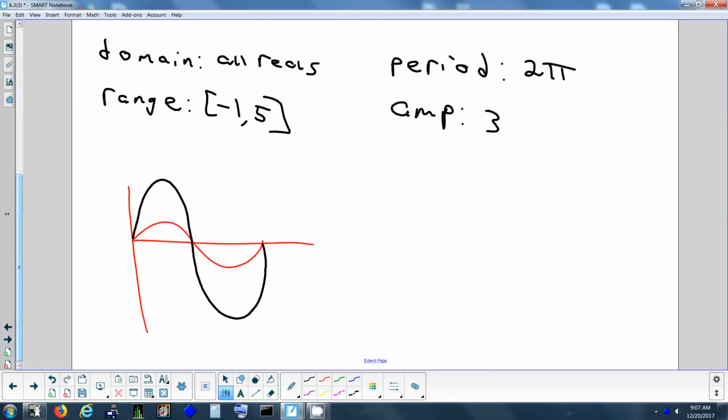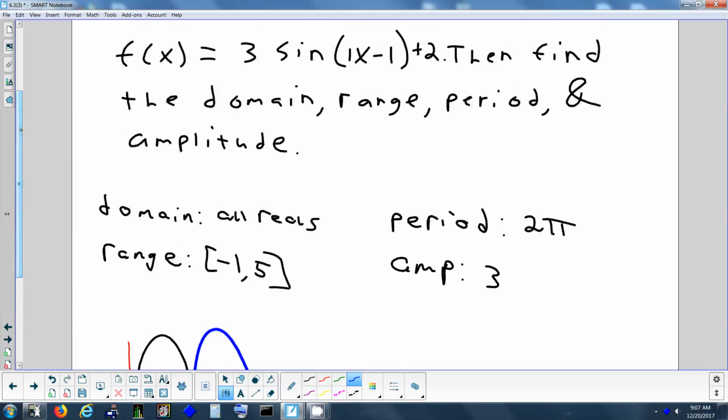Put a negative in front of the 3, and it would look instead like this. So now you're working with the blue one instead of the black one. And it's still negative 3 to 3, so when you shift it up 1, it's still negative 1 to 5. So putting a negative in front has no effect on anything. Everything stays the same.